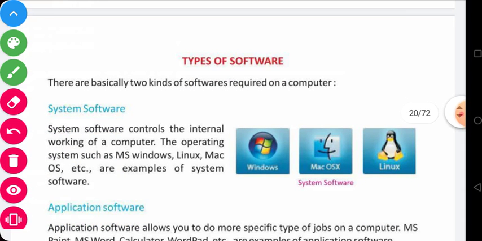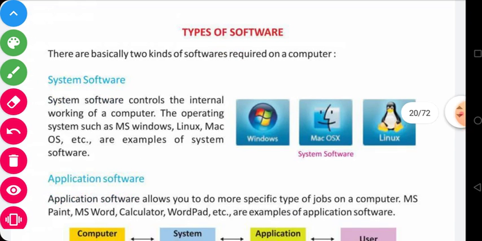Now we are going to learn the types of software which we require to install on the computer. There are two important types of software we generally require to work on a computer normally: system software and application software.